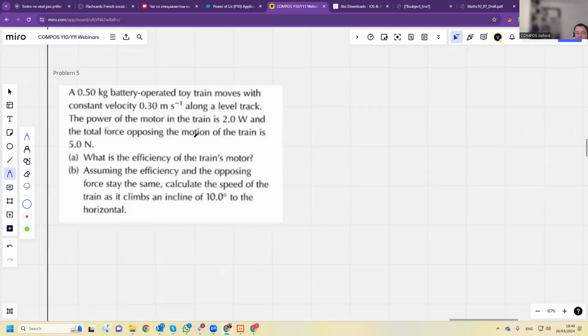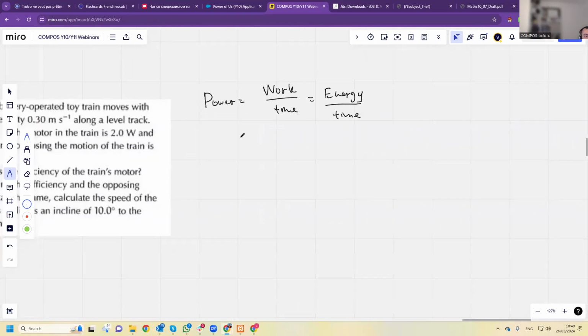Okay, a power question. Power is work divided by time, or it's energy divided by time. But then we recall that work is force times distance.